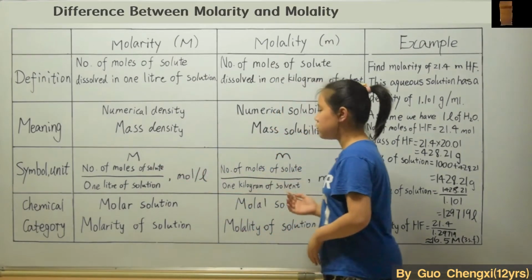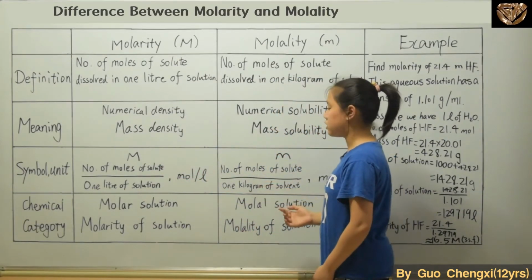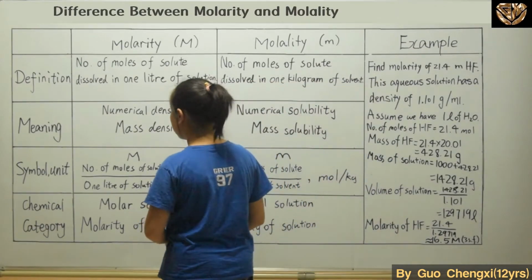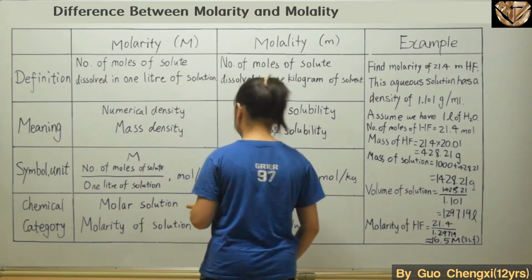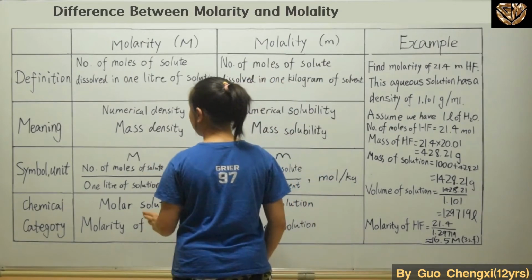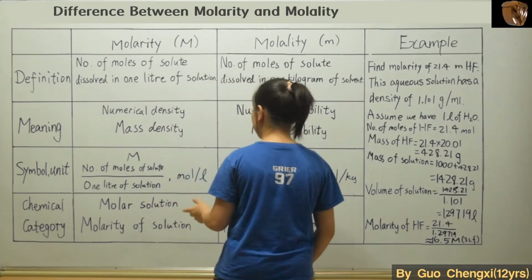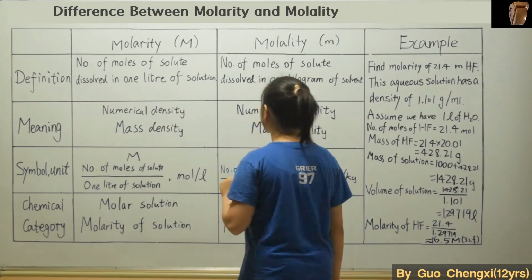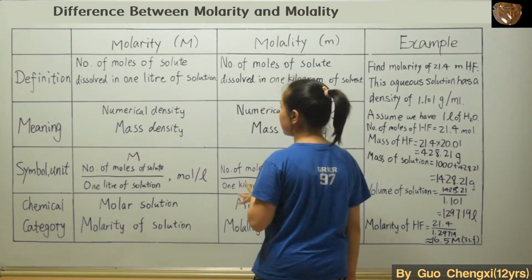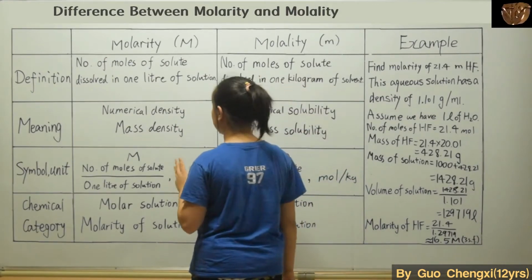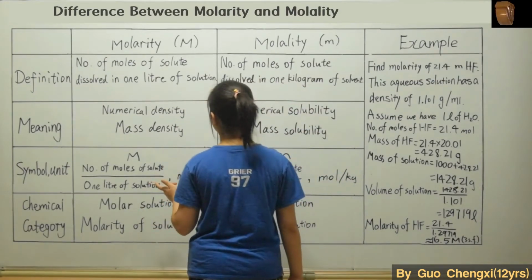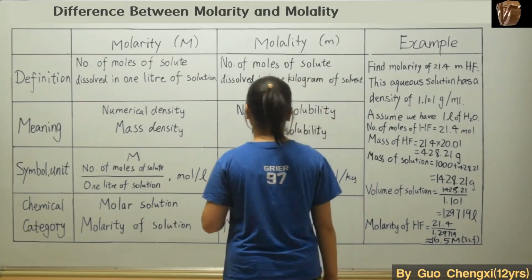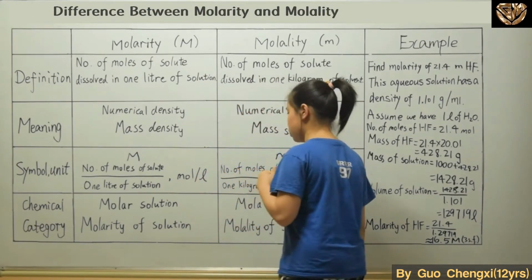As you can see here, we have these two fractions for the expressions. For this part, what we have over here is the number of moles of solute for both of them, so that's a similarity. You may think that the only difference is that molarity is dissolved in 1 liter of solution, while molality is dissolved in 1 kilogram of solvent.